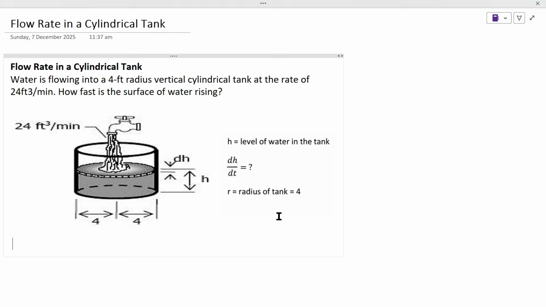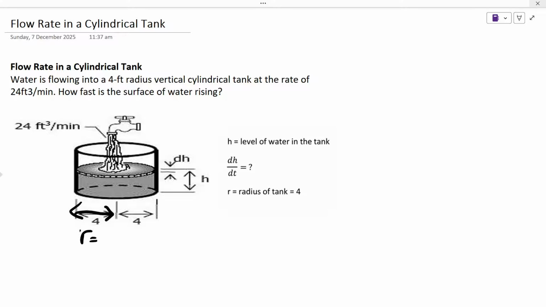How fast is the surface of water rising? So let's analyze first the given. We have a 4 feet radius, our radius, which is 4.